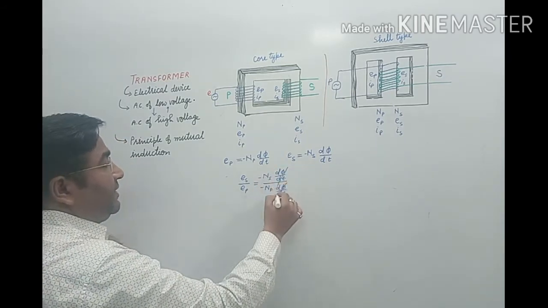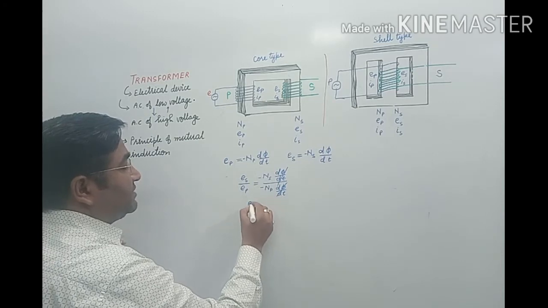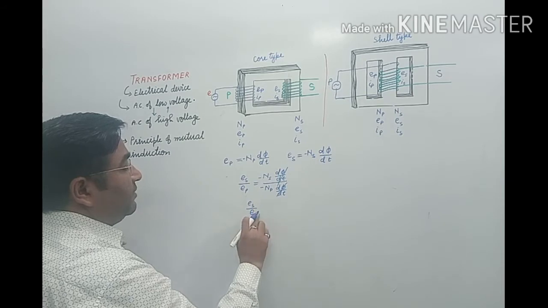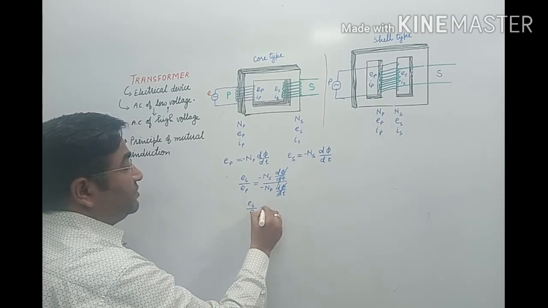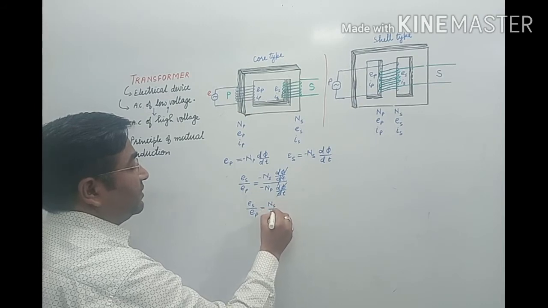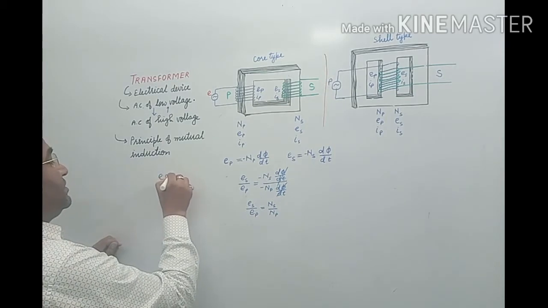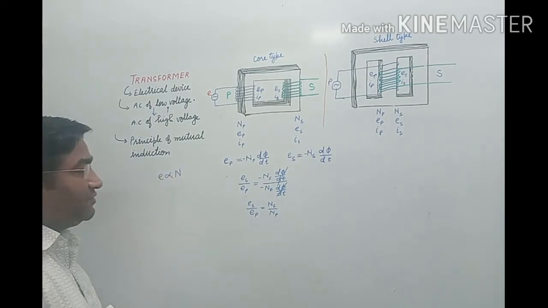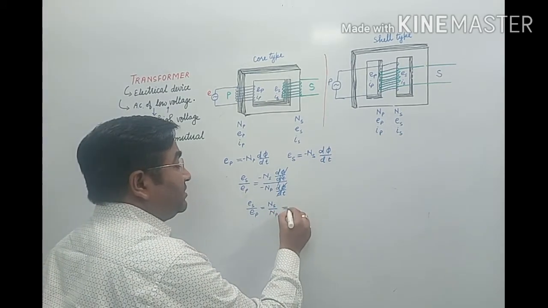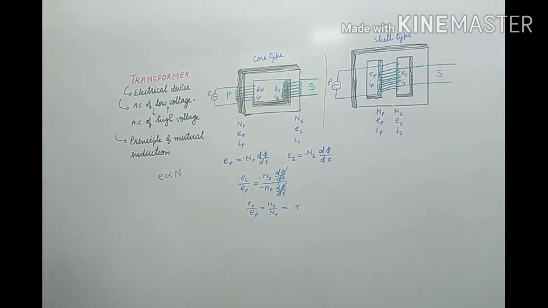So d phi by dt cancels and we get EMF in the secondary coil upon EMF in the primary coil is equal to the number of turns in the secondary coil upon the number of turns in the primary coil. Means induced EMF is directly proportional to the number of turns. And this is known as the transformation ratio, small r.